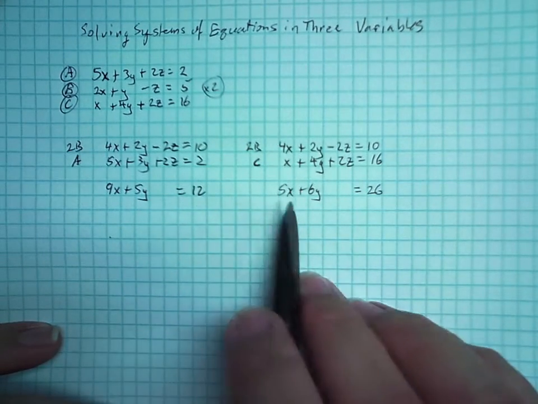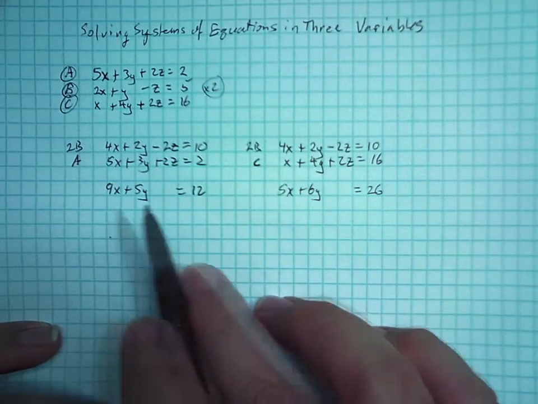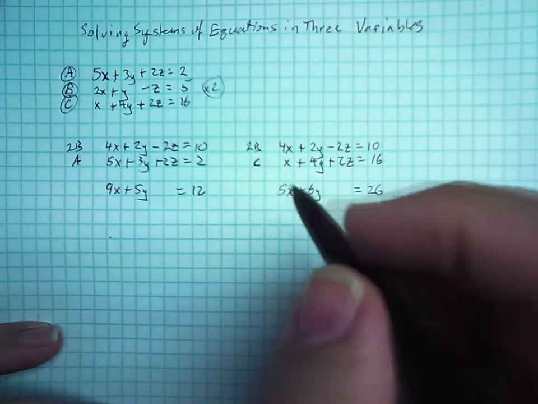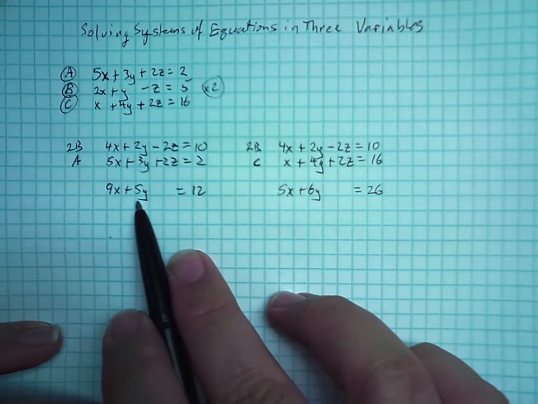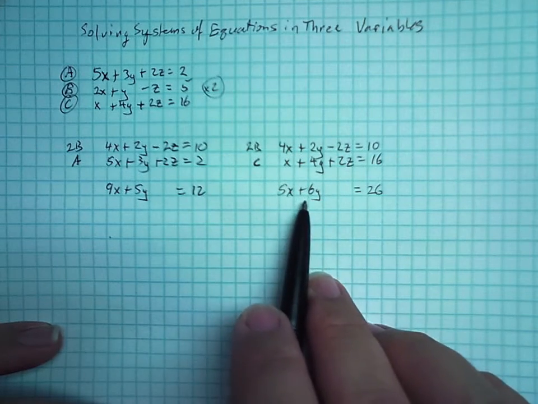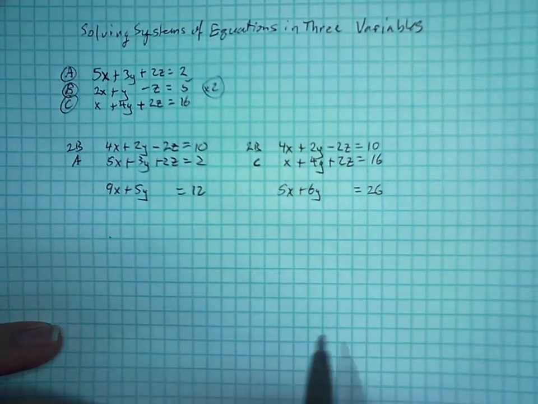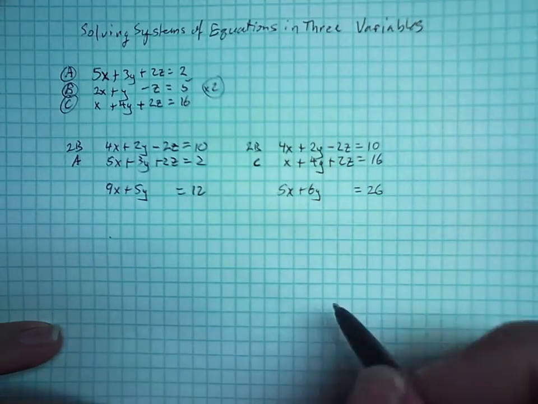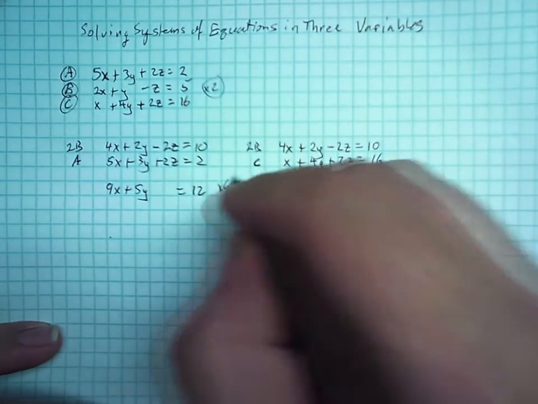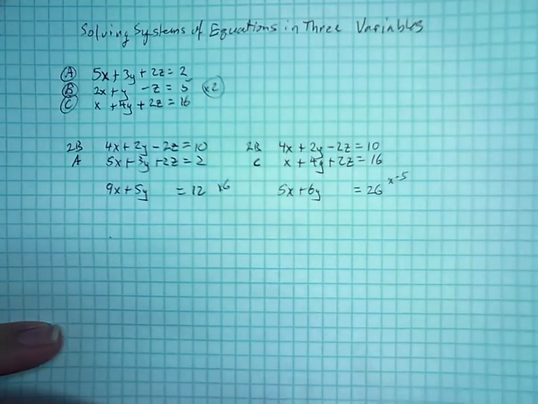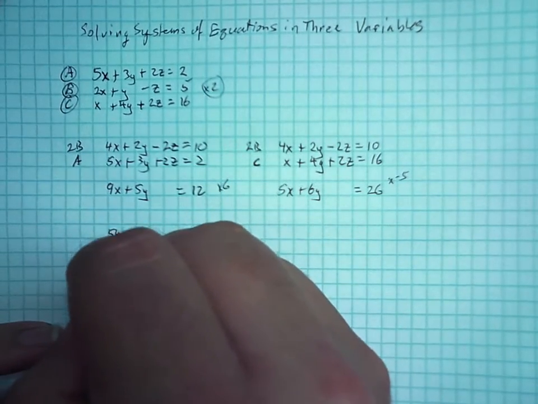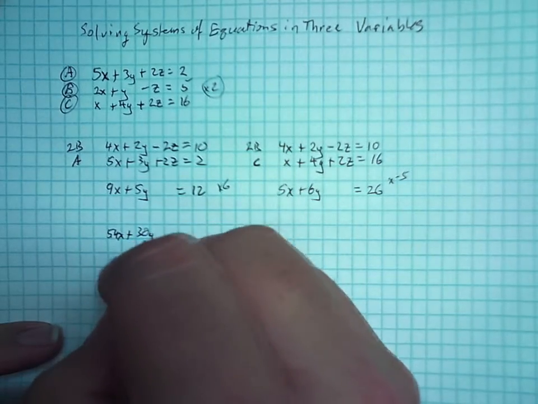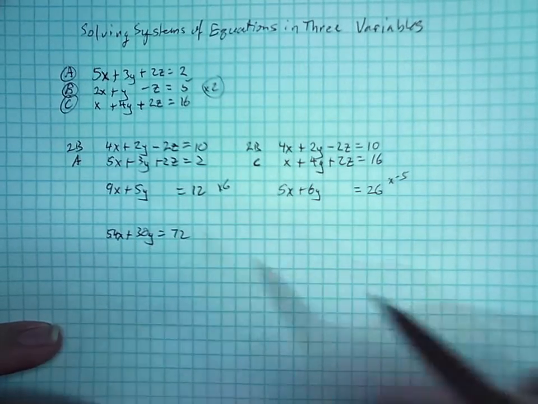Two equations, two unknowns. If I try to eliminate these, I'm going to have issues because they're not going to cancel right away. So I'm going to make the y's into 30 because that's the least common multiple of 5 and 6. So I'm going to write these equations down below. I'm going to multiply this one by 6, and I'm going to multiply this one by negative 5, which is going to give me 54x and 30y equals 72.